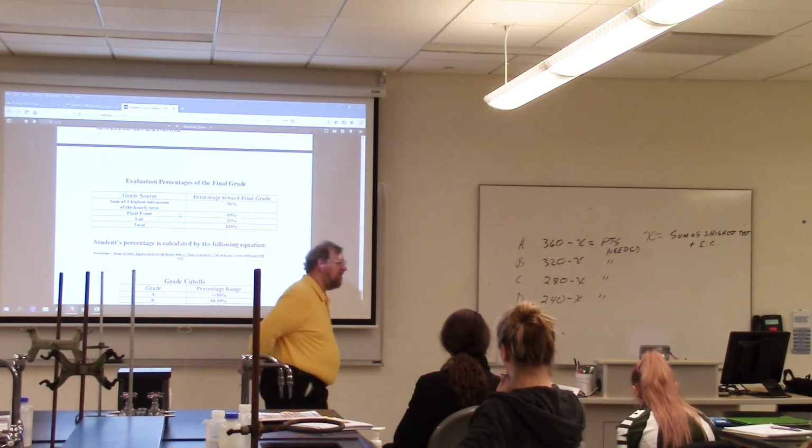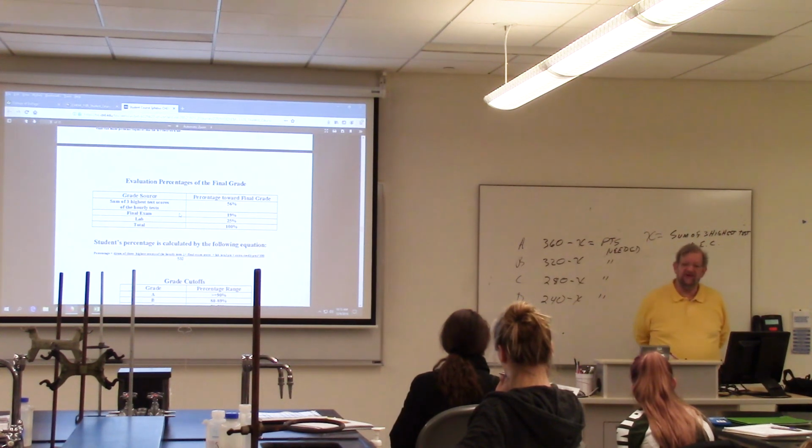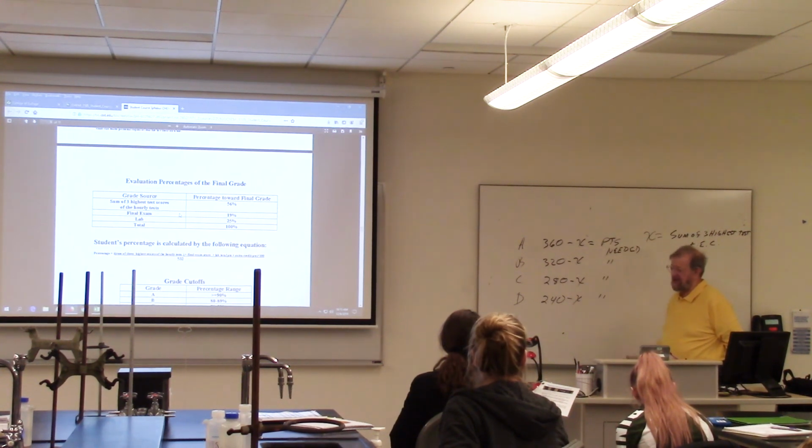If you had 3 tests and you got 300 points, no extra credit, 100 points on each one, you'd only need 60 out of 110, which is not bad. Same thing for B, 320 minus X, C this, D that.